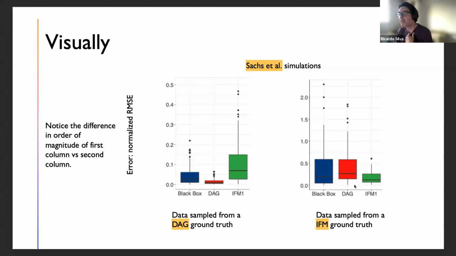But another thing to keep in mind is that, even though it looks like a win-lose scenario, when I plotted this I tried to make things more visually appealing, but the magnitude of the y-axis is very different here. The behavior of the factor model in both cases is similar. If you look at the actual values of the y-axis, the degree by which the two other approaches are worse is of a much higher magnitude than the degree by which the factor model is worse here.